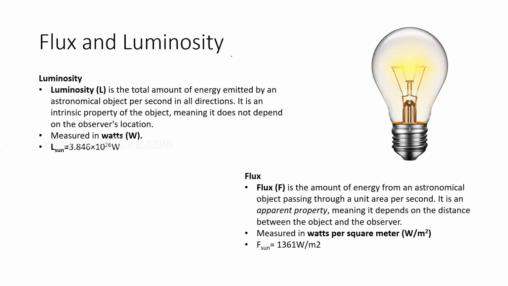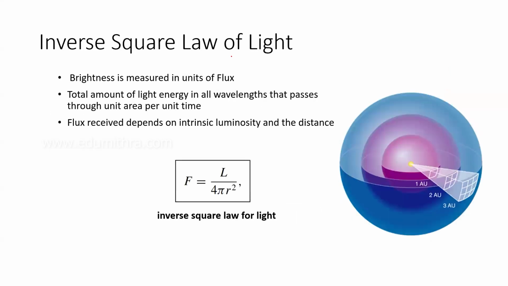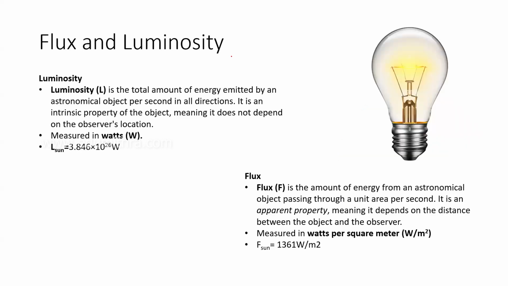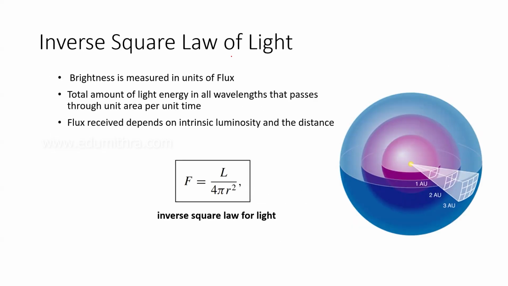We derived a simple equation connecting flux and luminosity through the distance, and from that equation we can find the distance. So if you know the flux and luminosity, then we can find the distance. That is the idea of the flux luminosity method, or standard candle method.